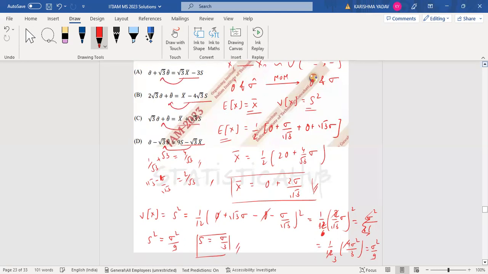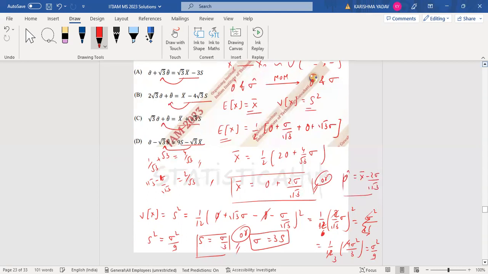Otherwise, these options are not true. Or you can also put the values of theta and sigma. Like you can put sigma equal to 3s, and theta cap equal to x bar minus 2 sigma by root 3.